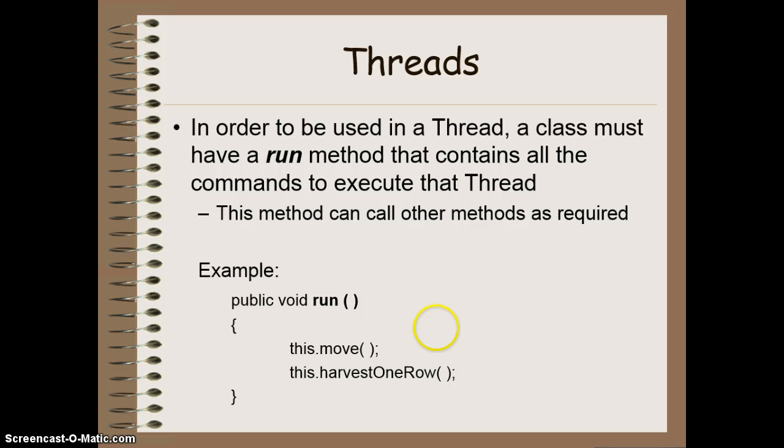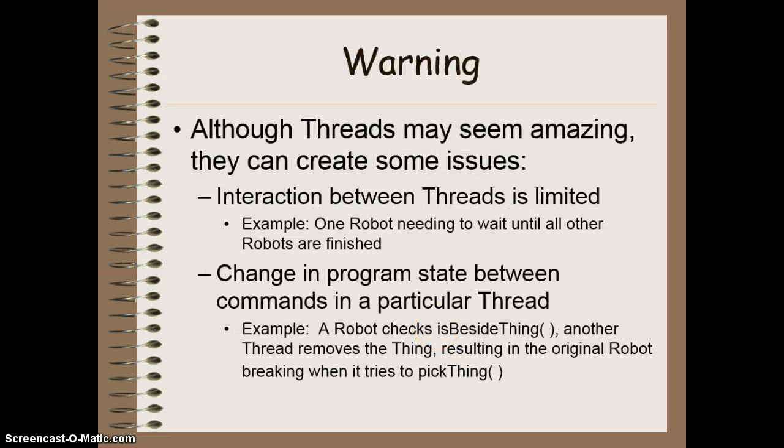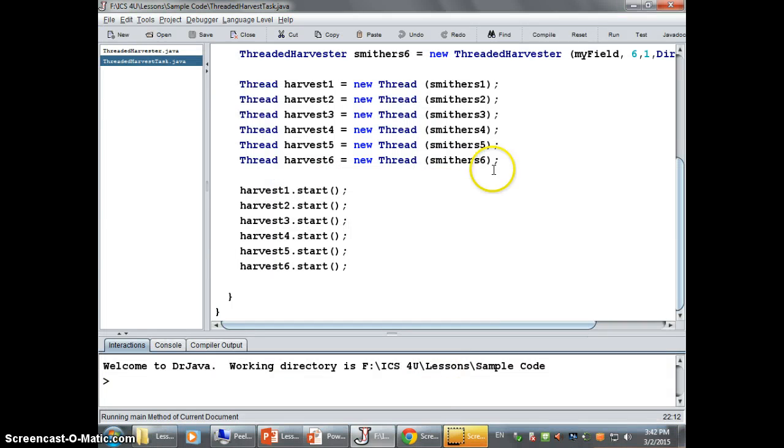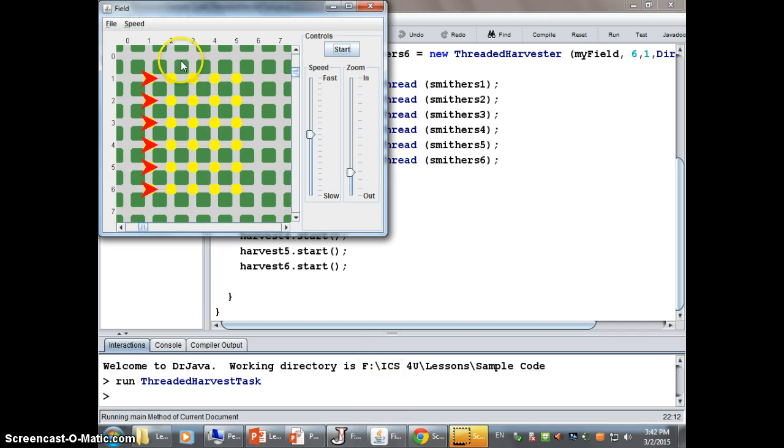Now one last thing here before we go is there are a couple of warnings you have to be aware of when you use threads, because they seem amazing, you want to use them all the time, but there's some issues there. The first is that the interaction between the threads is limited. Once I start up a thread, it starts running on its own, and I don't really know exactly when it's going to finish. Okay? So let's say, for example, I had a situation where I was going to have all these harvesters pick up a bunch of stuff and then dump them on the final row here, and I have one more harvester here that goes and picks up all the things here.